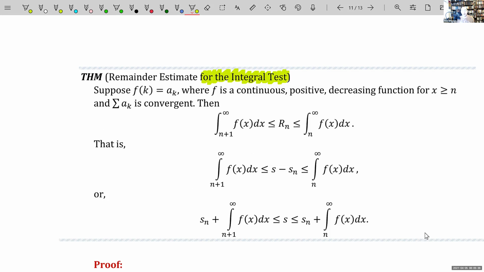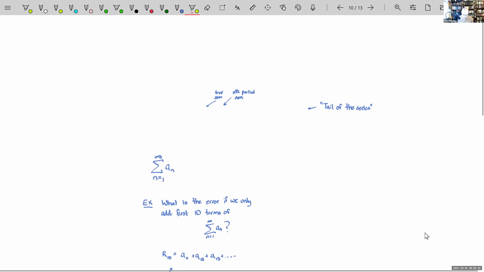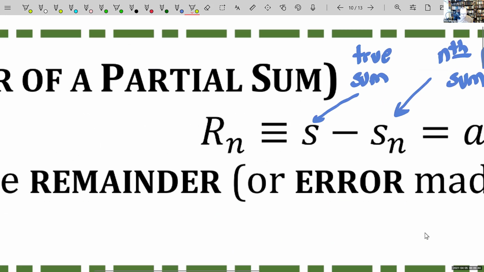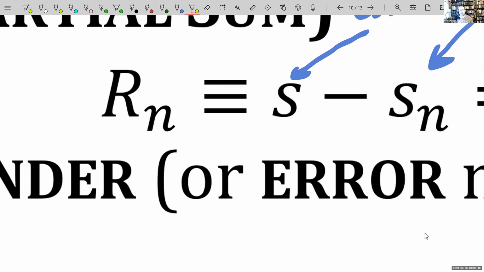And I also want to mention, if you hop back to our definition here of the remainder of a partial sum, I hated this when I was a student. I was like, hold on, you're telling me that to be able to compute the error itself, I need to know what the actual sum is? Well, if I know what the sum is, then why am I approximating it? If I know what it sums to, then why am I just adding the first 10 terms?